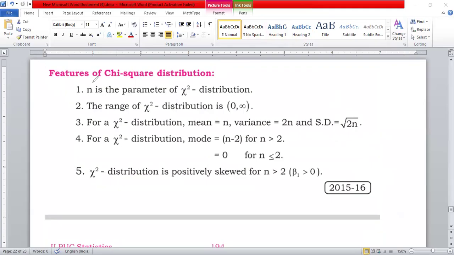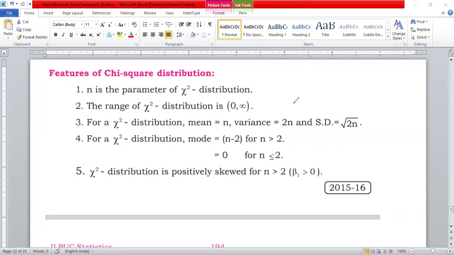In this distribution and the student-t distribution, you are not supposed to write the probability density function as one of the properties. It's very important: the property of chi-square, the property of student-t.